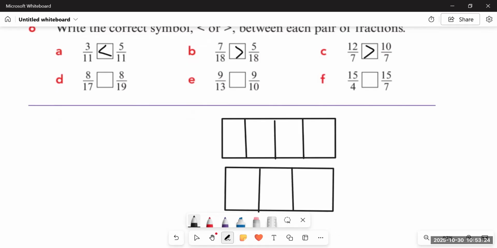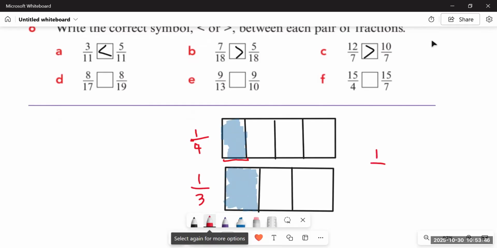Now you have to figure out that out of these two, here, 1 over 4 is this much part. This is the size of 1 over 4. And here, the size of 1/3 would be this much. Which one is greater? 1/3 or 1/4?